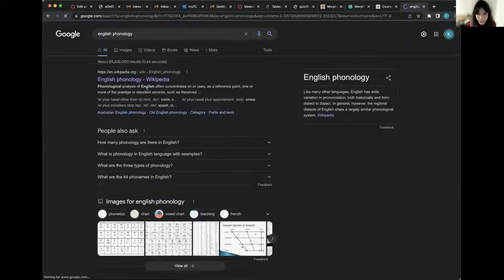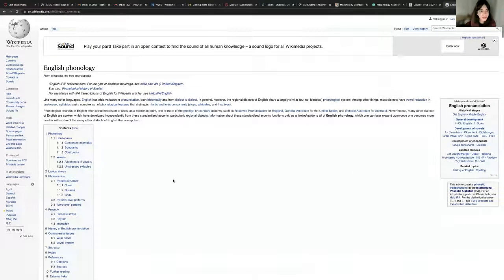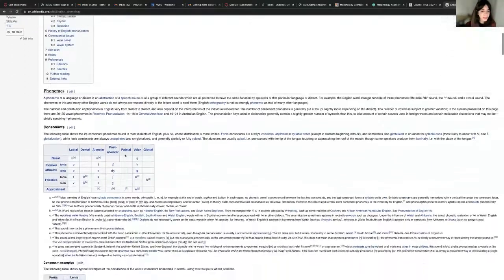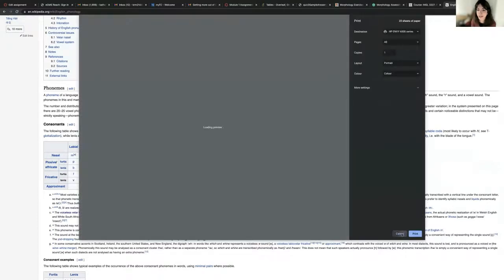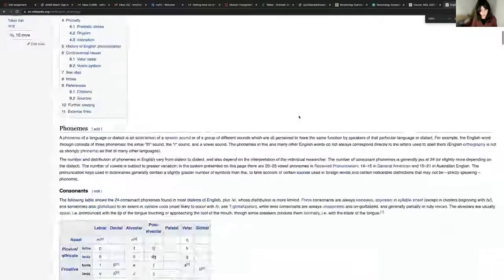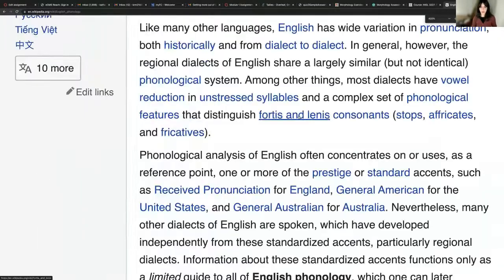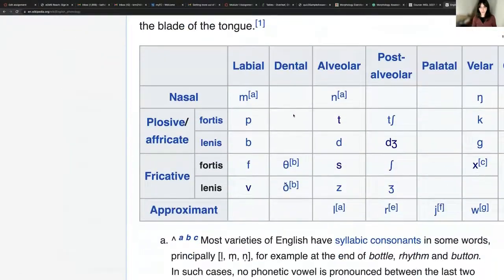So if I go to the Wikipedia page of English phonology, what shows up? This is the entry. And we have a chart for the consonants of American English. So maybe I can zoom into that. Let me see how I can zoom in. I lost it.